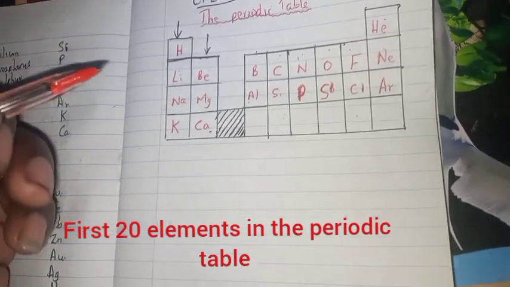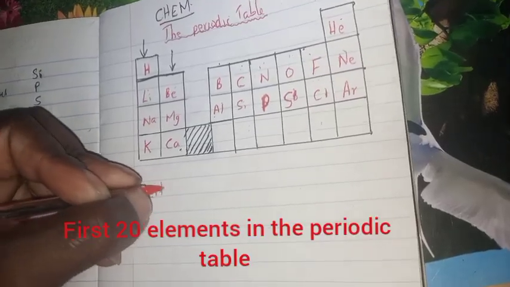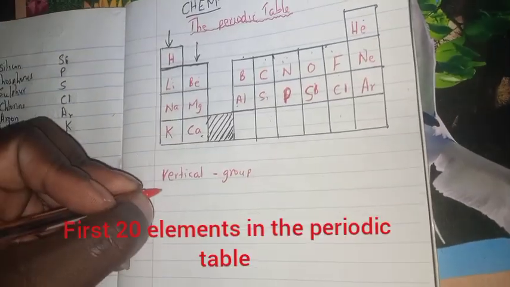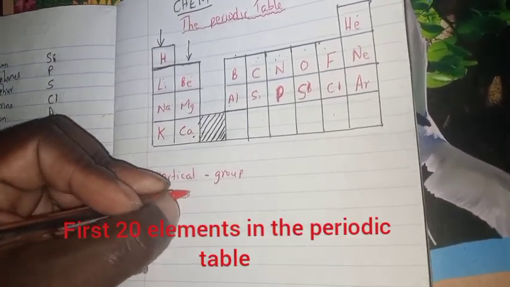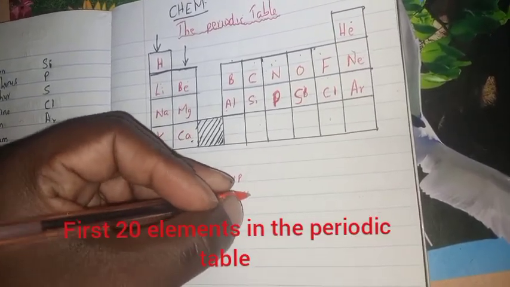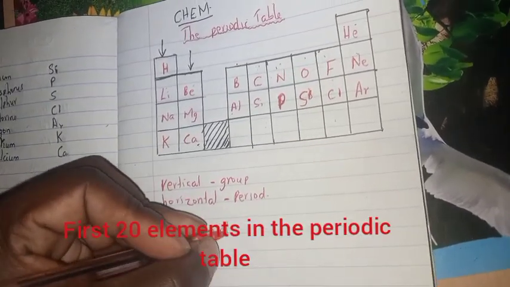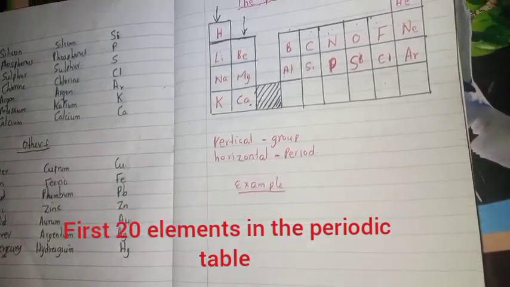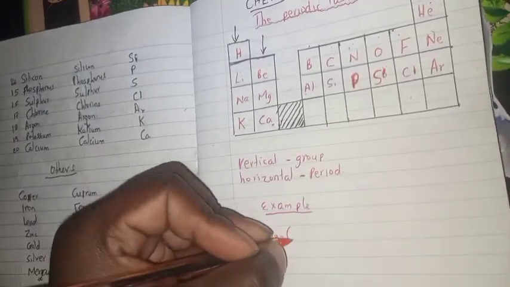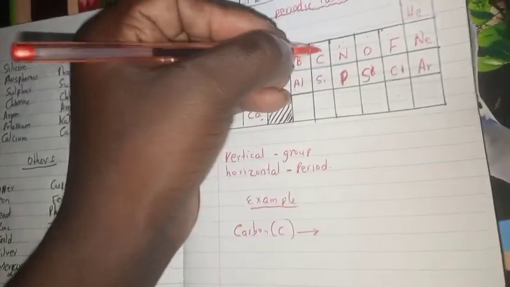Now with the first 20 elements we have something else. We've said that if you move vertically, this is called a group, and when you move horizontally, this is called a period. For example, when you pick an element like carbon, let's say carbon is C, and you want to know where carbon is at this position.